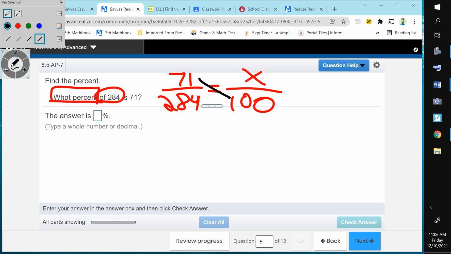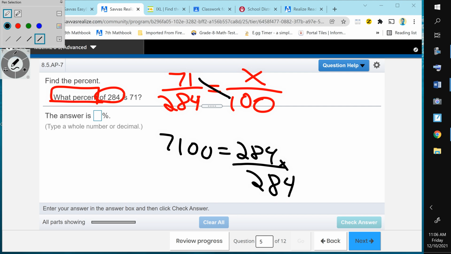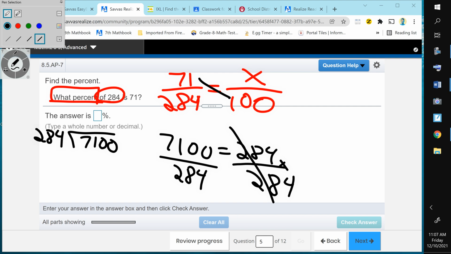So 71 times 100 is 7100 equals 284 times x, which is 284x. I divide both sides by 284. And when I do that, what is the answer? I have no idea. I'm going to have to actually do it. 7,100 there, 284 there. 284 goes into 710.